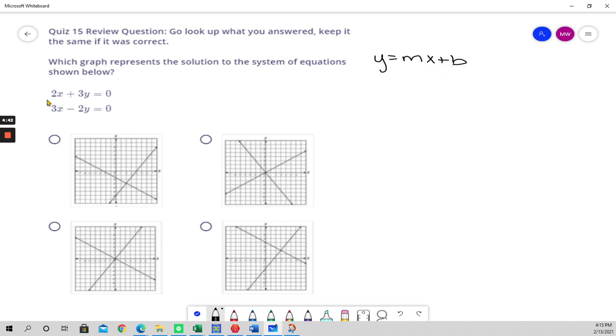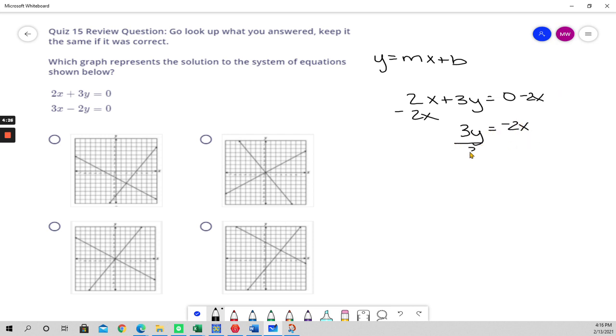So for this one, I need to subtract, so we'll start over here. So 2x plus 3y equals 0. I'm going to subtract 2x from both sides, and I'm going to get 3y equals negative 2x.